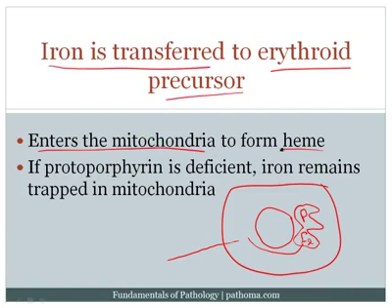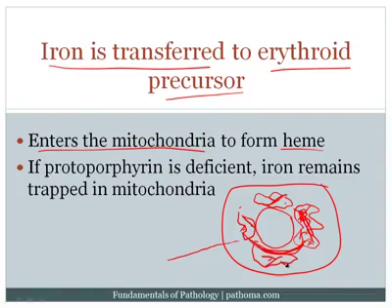Now let's pretend for a minute that protoporphyrin is deficient, so that we're not making protoporphyrin. If we're not making appropriate protoporphyrin, iron will enter into the mitochondria and will be trapped there. It has no way of getting out. And when iron gets trapped within the mitochondria, it's going to pile up, because iron is going to continue to come in, so more iron and more iron will come into the mitochondria, and mitochondria are generally present all around the nucleus, so each of them is going to become loaded with iron.